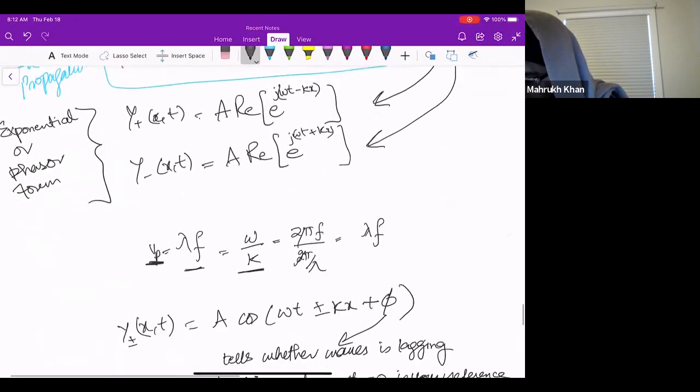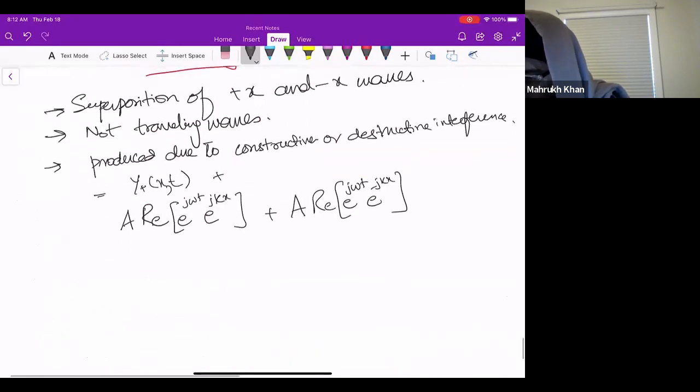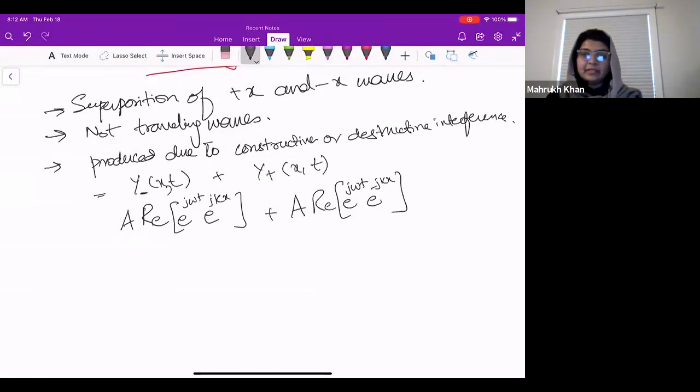One minute. Yes, minus first, and then this expression, the superposition, will be the standing wave.